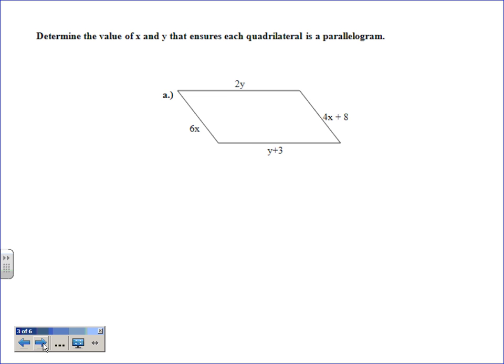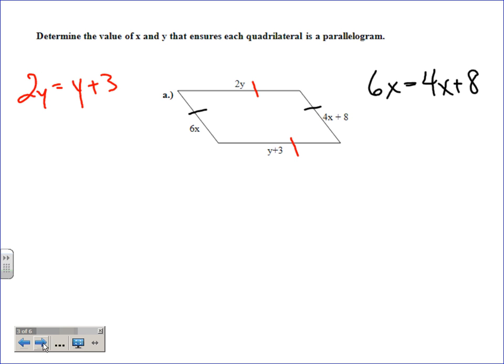Yeah, both pairs of opposite sides have to be congruent. That's number 1. So in other words, the top and the bottom better be congruent for this to work. So 2y has to equal y plus 3, and the left and the right better also be congruent. And so why don't you go ahead right now and solve for both x and y on your own.